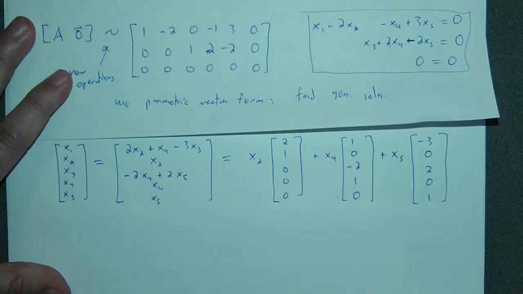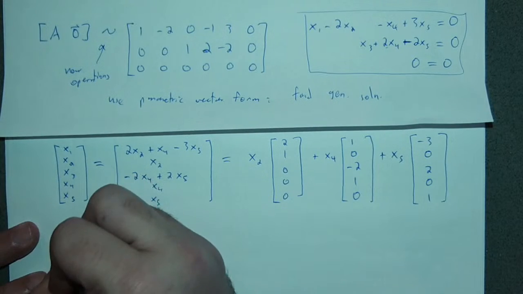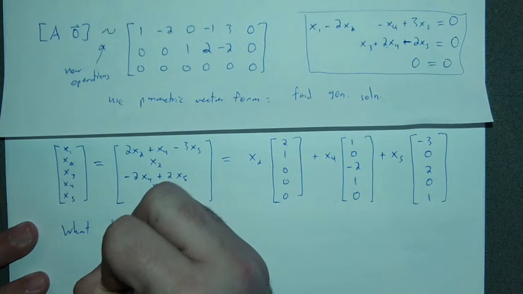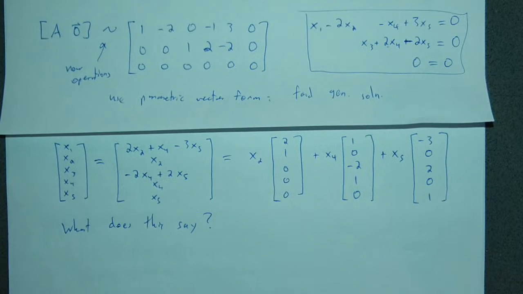So I get any general solution as a linear combination of these three vectors where these are the weights. Now, what does this statement that I've written here say?